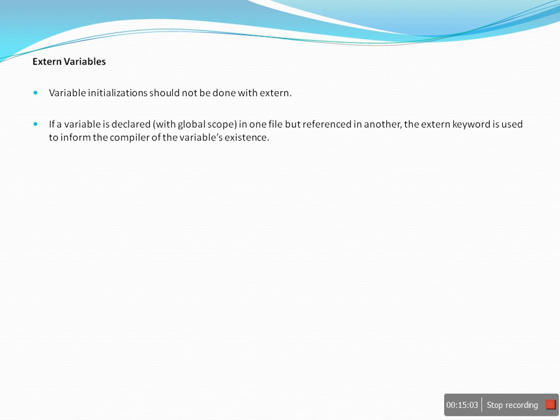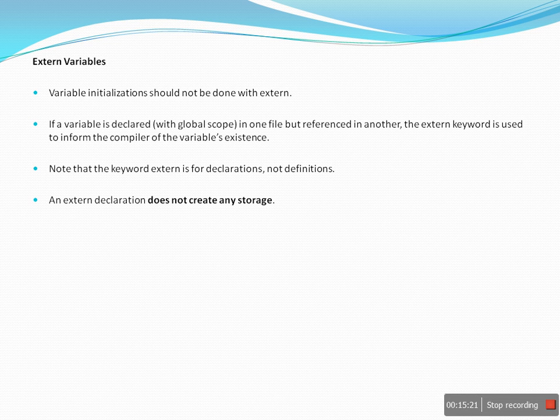If a variable is declared in one file but referenced in another, the extern keyword is used to inform the compiler of the variable's existence. Note that the keyword extern is for declaration, not for definition. An extern declaration does not create any storage.